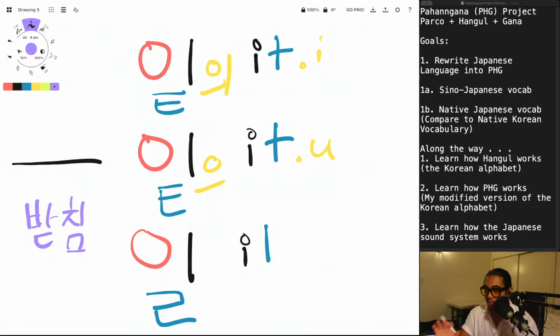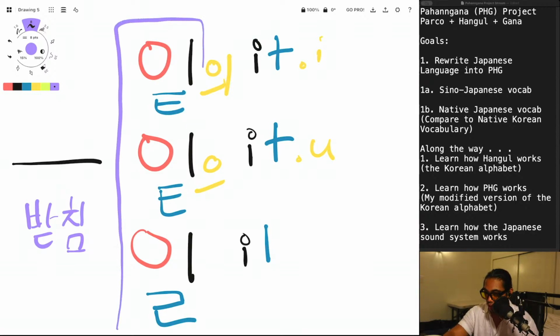So even just on the first character, one here, we have this very interesting comparison. One of the goals here is to compare how Korean works and how Japanese works. As we can see, if you look at the core character blocks, they are very, very similar.